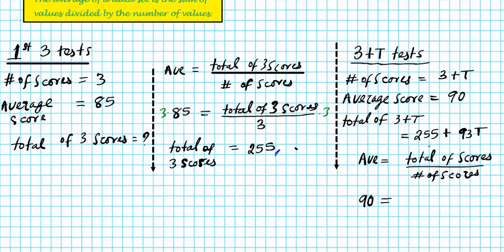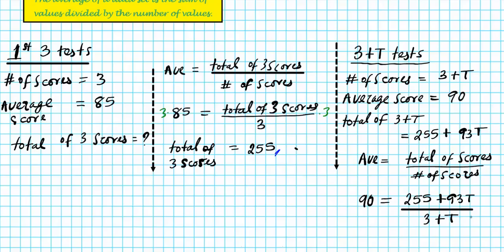The total of the scores is 255 for the 3 tests plus 93T for the last T, on which she scored 93 for each. And then we divide that by the number of scores. The number of scores, we already know what that is: 3 initial plus the remaining T.